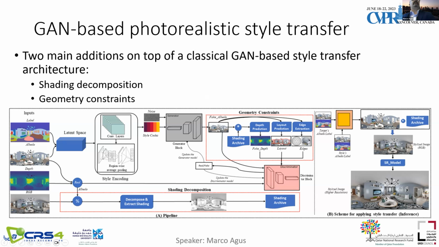One contribution is to decompose the RGB image into a reflectance component and a shading component, in a way to avoid the problems related to the lighting of the scenes. Another key contribution is to enforce geometric constraints during the discriminator phase of the GAN architecture.